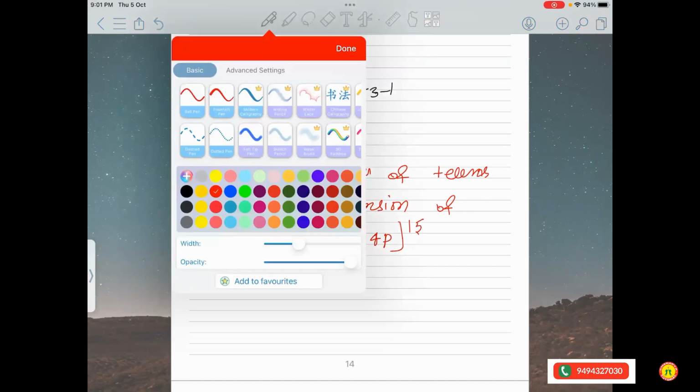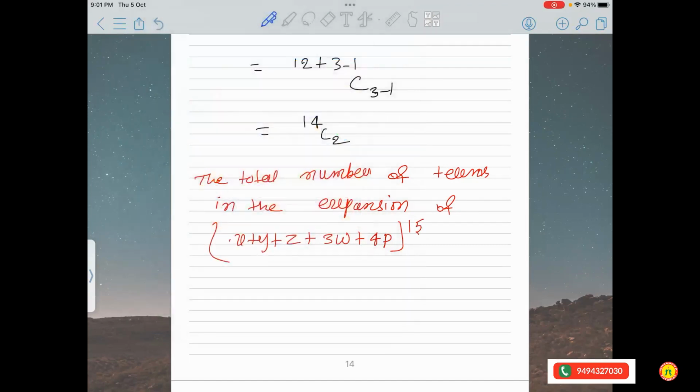Can you tell me the answer, Aditi? Here r is equal to what? r equals 1, 2, 3, 4, 5. So r equals 5 and n equals 15.